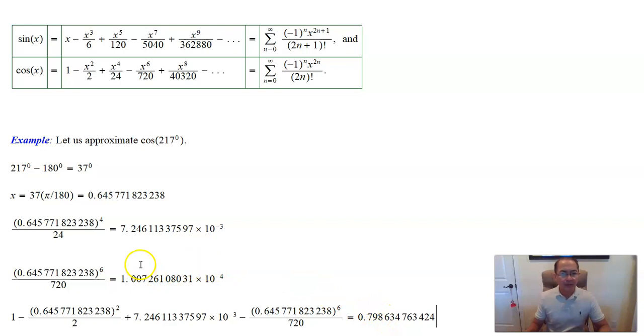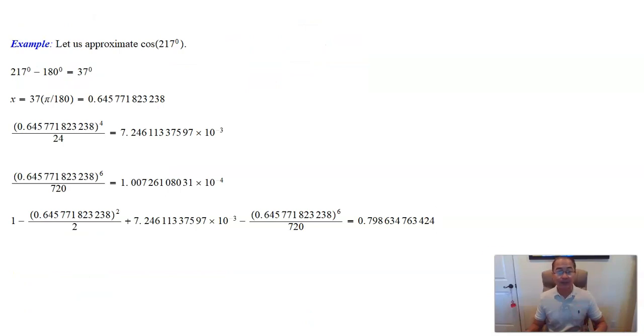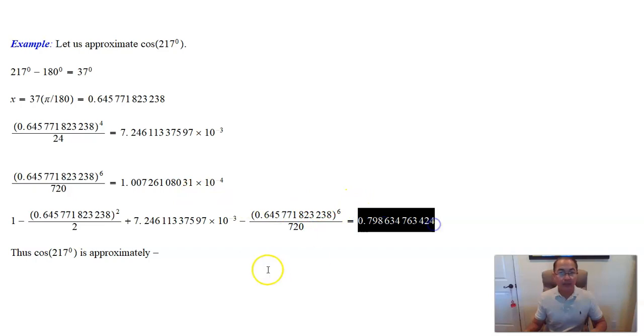I forgot something. When we subtract 180, we do get a nice angle, but the cosine changes sign, because it's in the opposite quadrant. Thus, cosine 217 degrees is approximately the negative of 0.7986. Okay, it's negative.